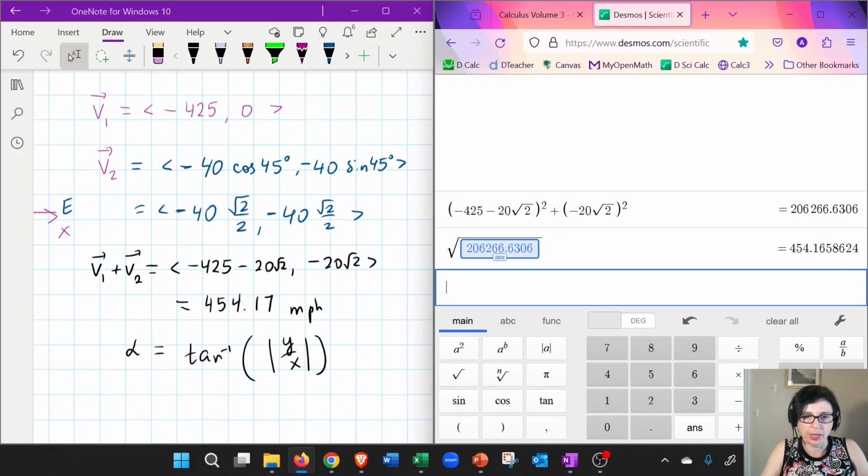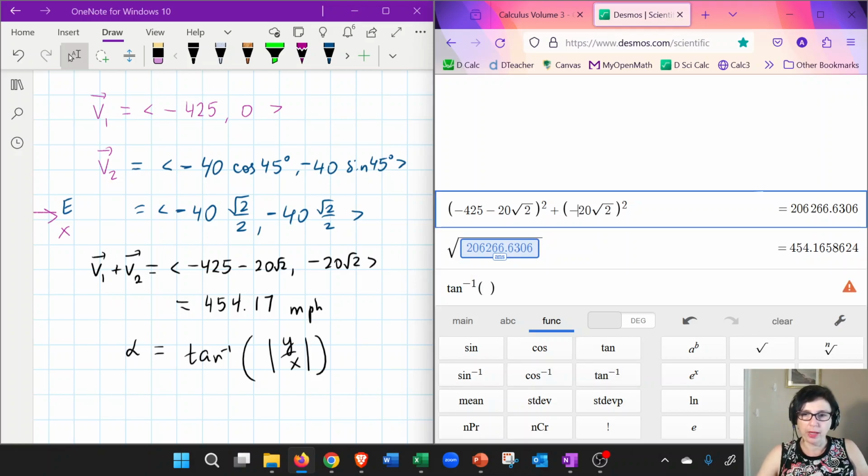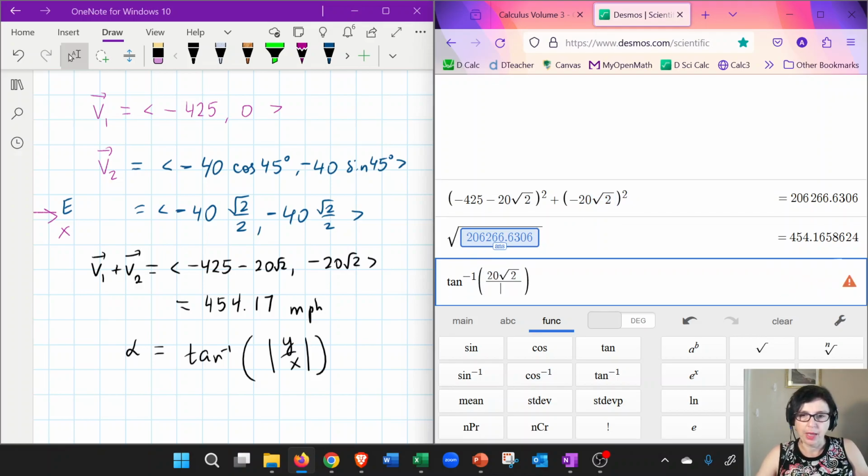I'll make a correction in a second, but let's go ahead and do the inverse. I want to make sure the calculator is in degrees because they want me to put degrees there. Where is inverse tangent? If I go to functions, inverse tangent is right here. I just need to take the y component I have over here, and I don't really need the sign because it's absolute value.